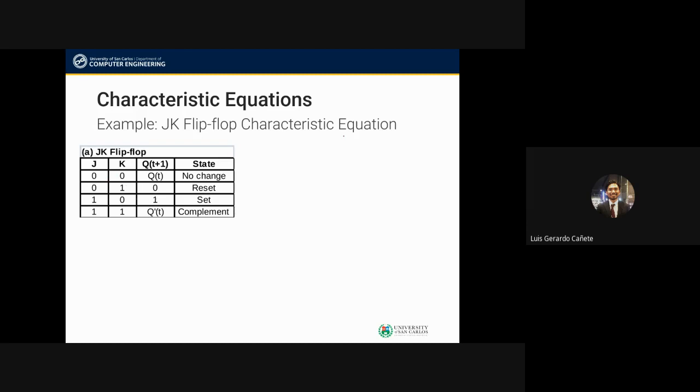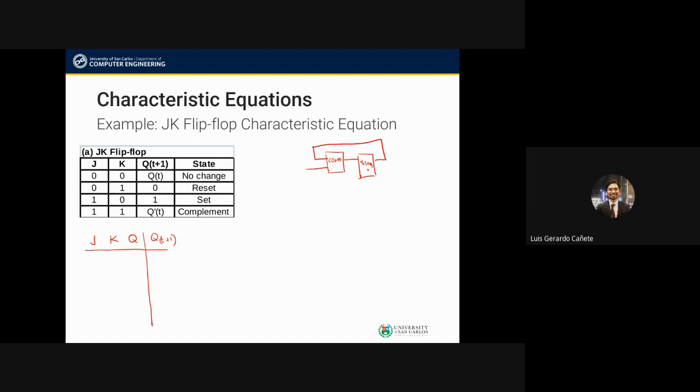So to develop the characteristic equation, we need to write down J, K, and Q and assume that Q is one of the inputs, right? And this is pretty much valid because if you remember, we said that we have a combinational circuit attached to a storage device, and then the output of the storage device is applied to the input, and we have a different set of inputs.